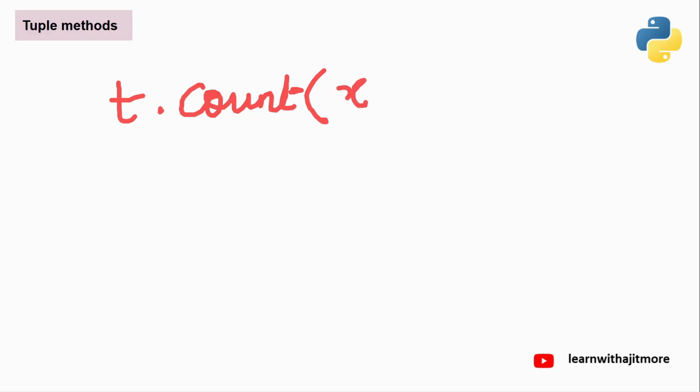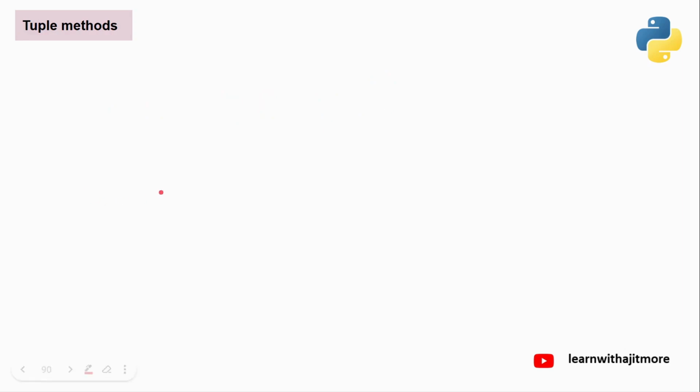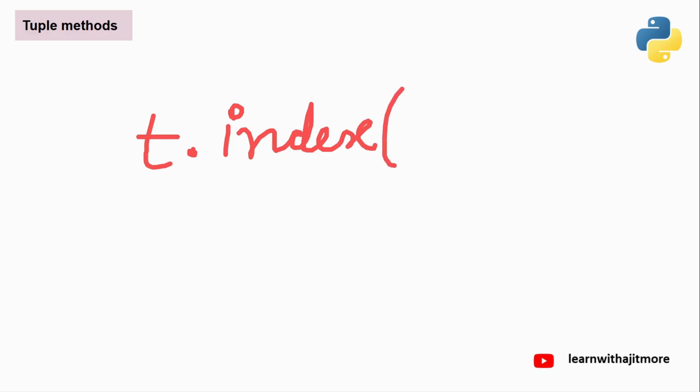Okay, now what is it going to count? How many times this element x is occurring in t. So how many times that x is occurring in t, that count it will return. Okay, and there is one more method called index. What index does is it searches element x in t, and if found it returns the position.